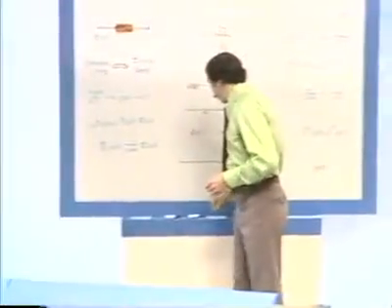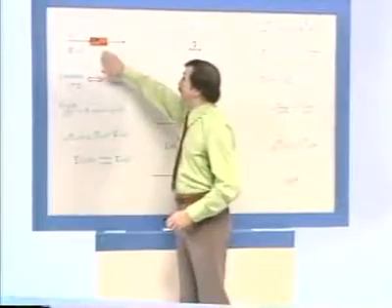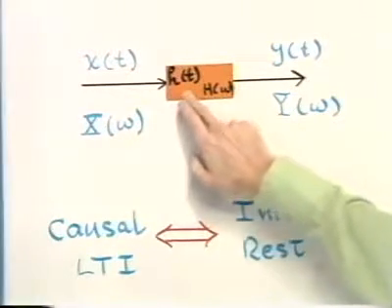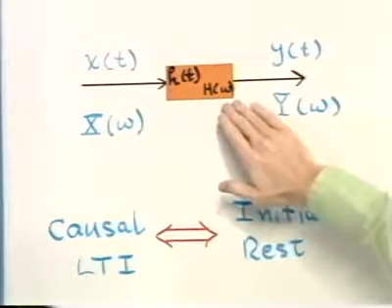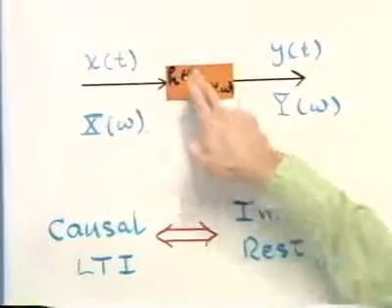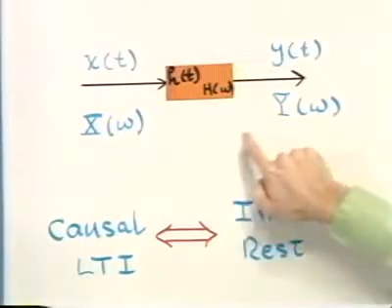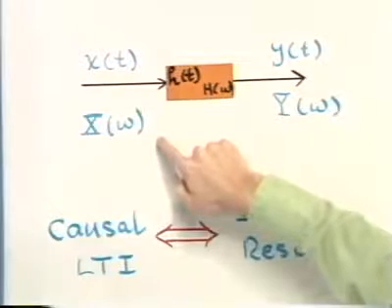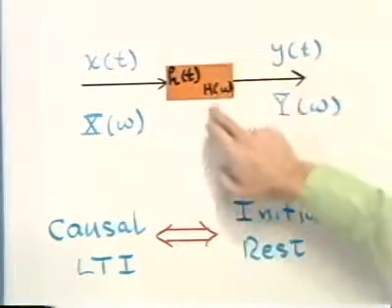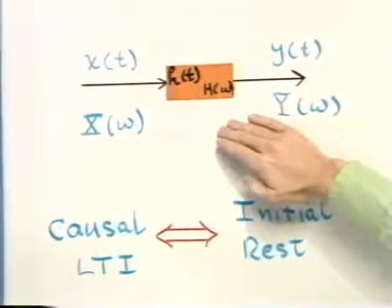Okay, well, what I've indicated is a system with an impulse response h of t or frequency response h of omega. And of course, we know that in the time domain, it's described through convolution. In the frequency domain, it's described through multiplication. And I, in essence, am assuming that we're talking about a linear time invariant system.